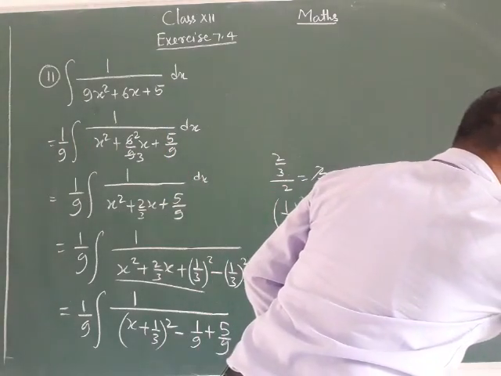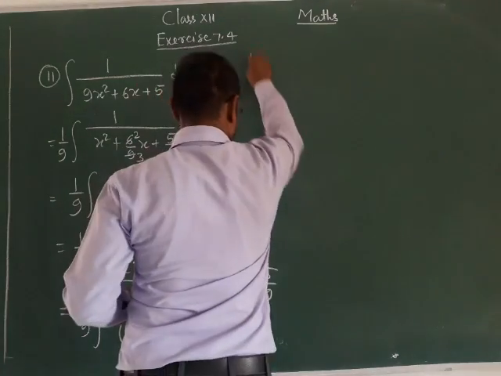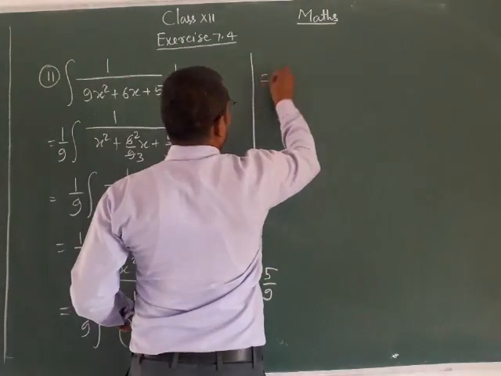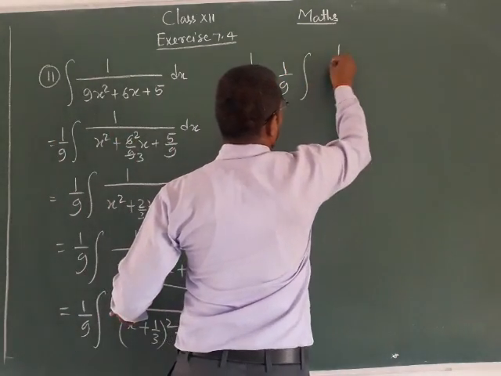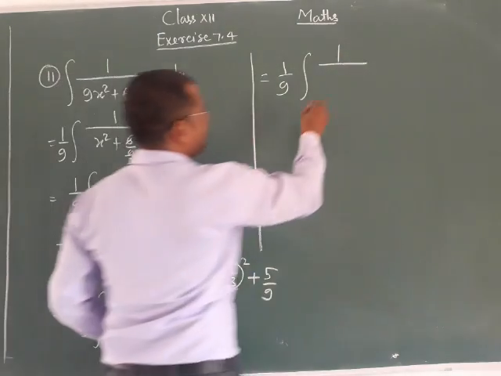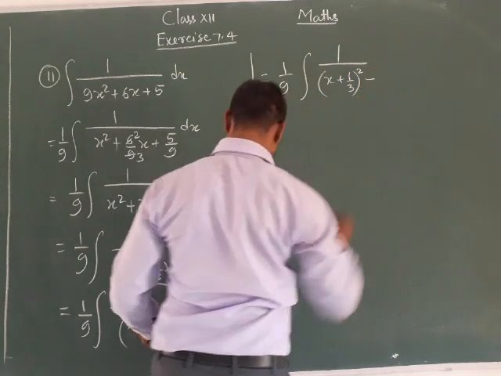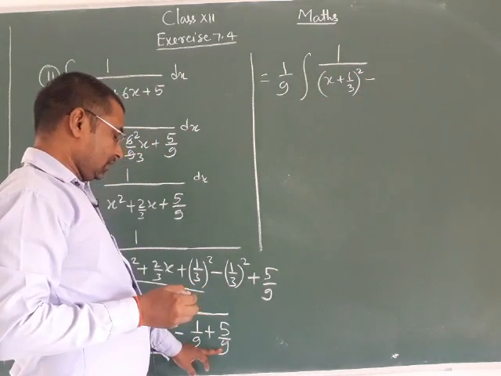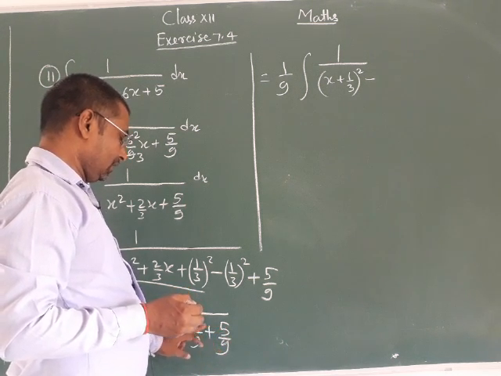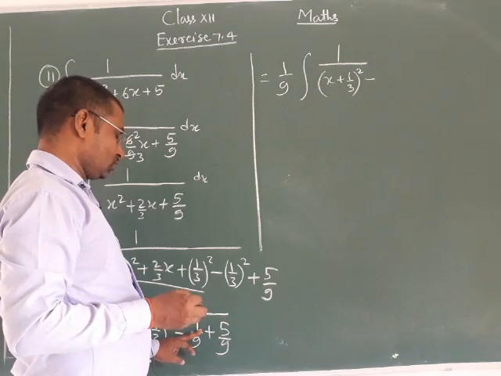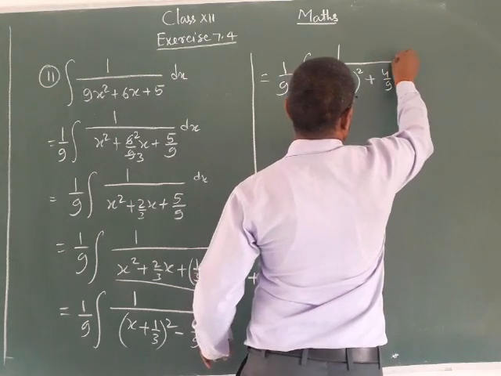Taking LCM 9, 5 minus 1 is equal to 4 upon 9, so plus 4 upon 9 dx.